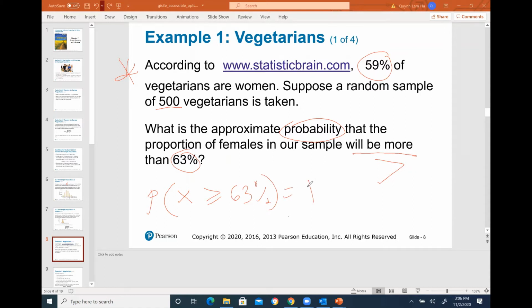Or you can write P of x greater or equal to 0.63. Then we have to compute this probability. Okay, so this and that will be the same thing, but you have to write this on your test, or you might copy and paste from StatQuant exactly. Let me see this before you turn in your work.